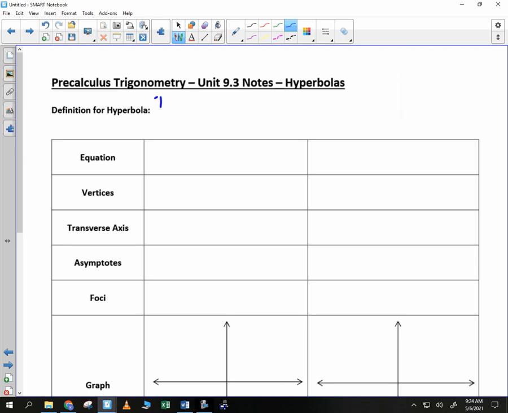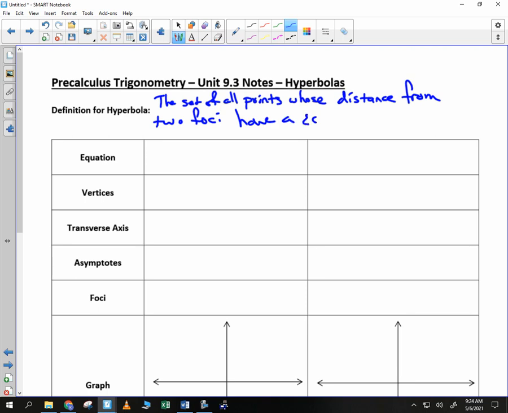A hyperbola is the set of all points whose distance from two foci have a constant difference.